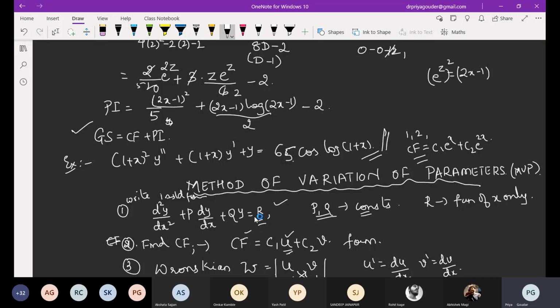Now, the second step is, as usual, you need to find the CF. How do we find CF? First, the auxiliary equation should be written and the roots found. So how many constants will you get in CF?